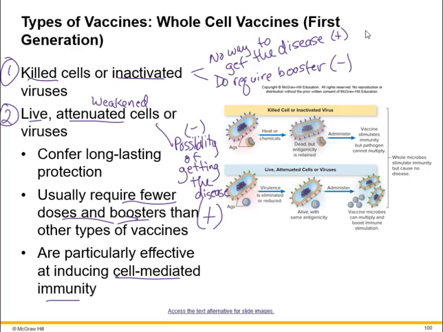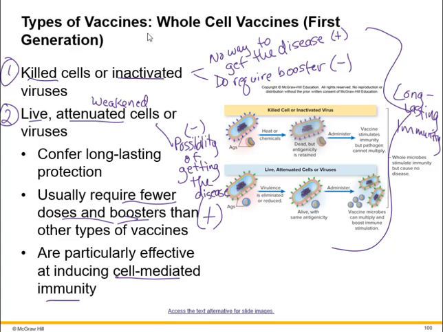But I would just say that both of these give us long-lasting immunity. And long-lasting because it is more than a year, at least a year. And we see this with the killed and with the attenuated influenza vaccines.